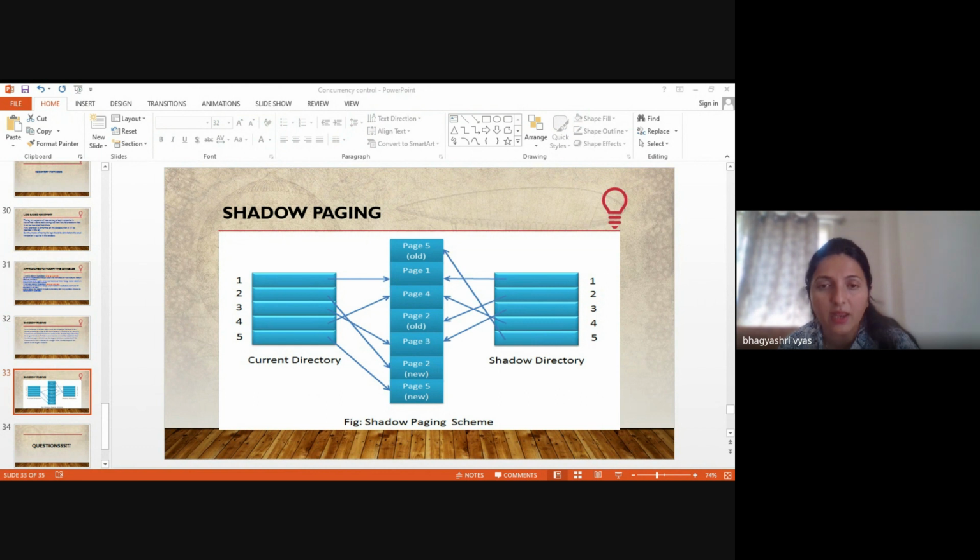Anybody having any doubt up till now? See, we have covered shadow paging. Now can anybody tell me what is the advantage of shadow paging? You can see the example.